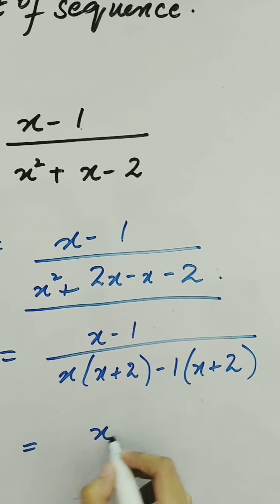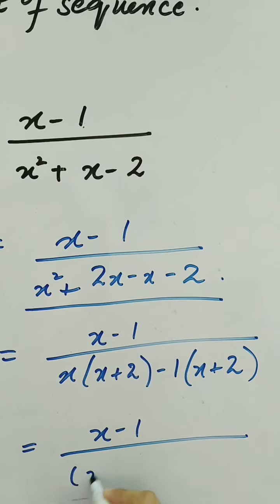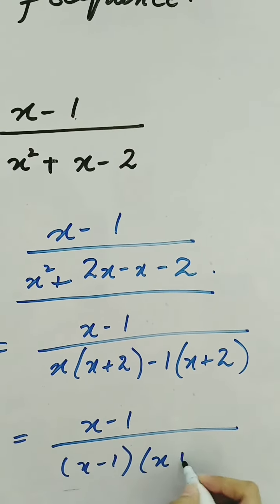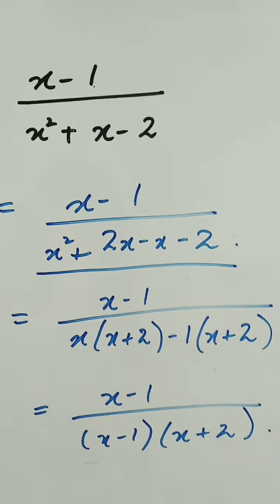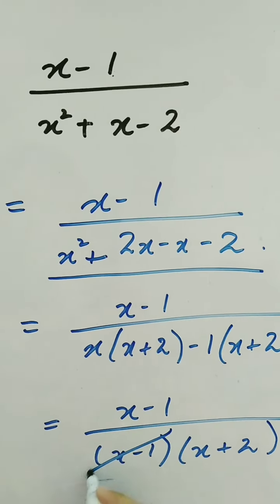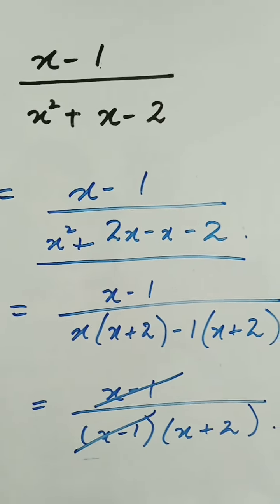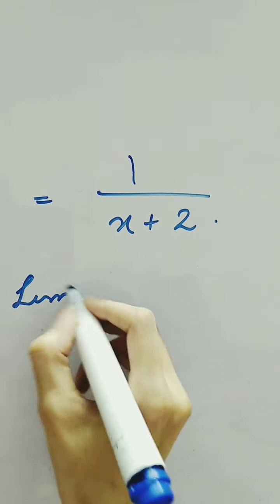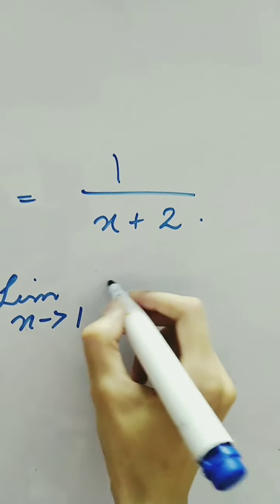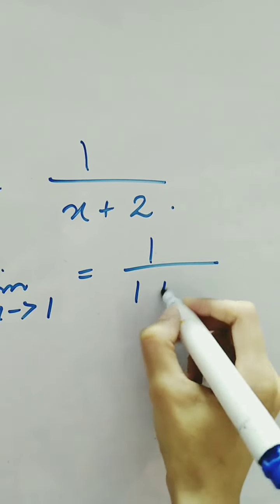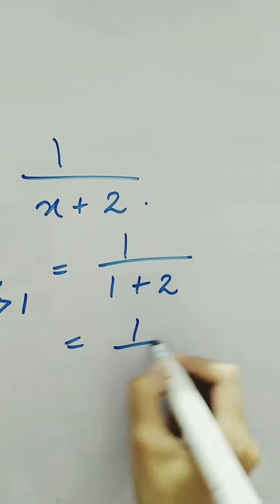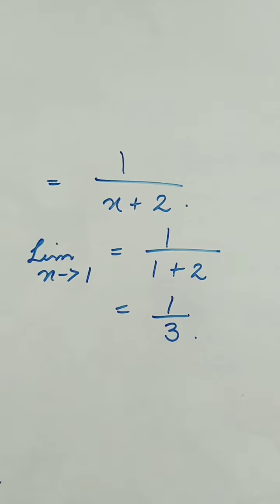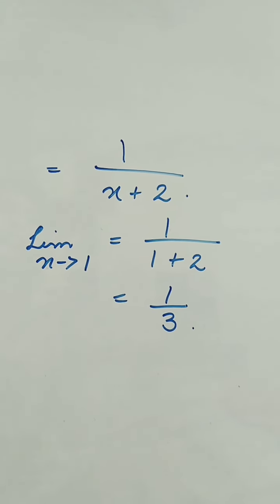Now we have x minus 1 and x plus 2 as our factors, and here x minus 1 cancels out with this x minus 1, and we are left with 1 over x plus 2. Now we are going to apply the limit, which is x goes to 1. So here we have 1 over 1 plus 2, and we have 1 over 3 as our limit of the given sequence.